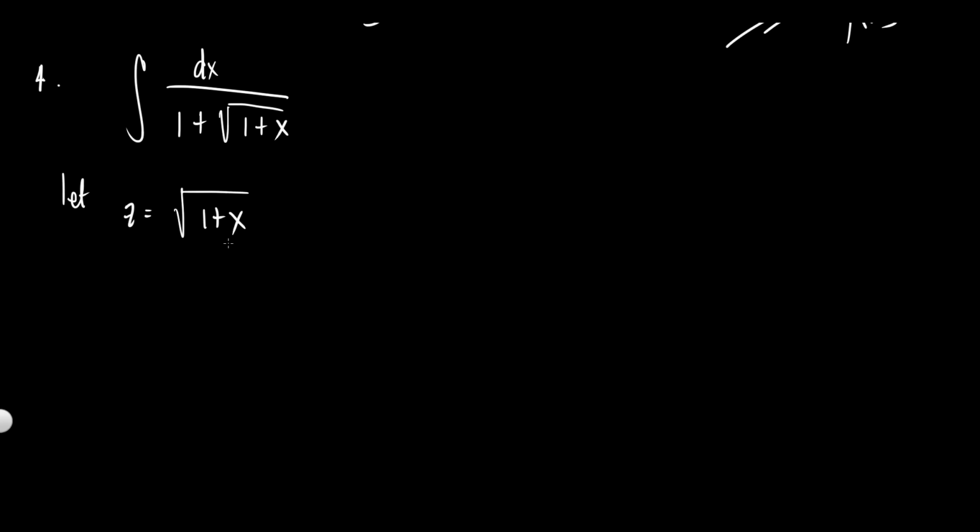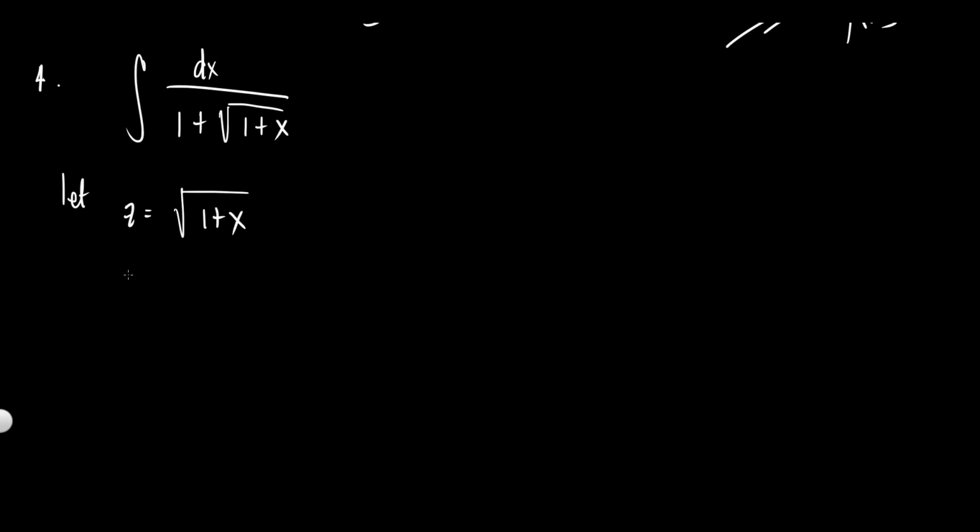Kasi nga, the main objective is the removal of the radical by substituting a new variable of integration. Yan ang ating main objective by using integration by algebraic substitution. So yung ating new variable dito is z, which is equal to the square root of 1 plus x.